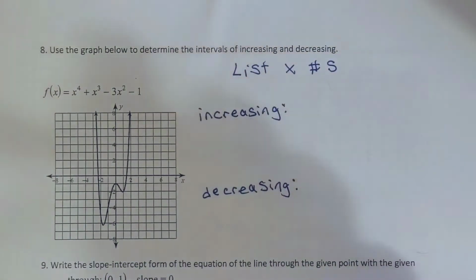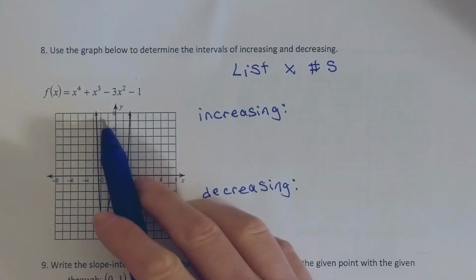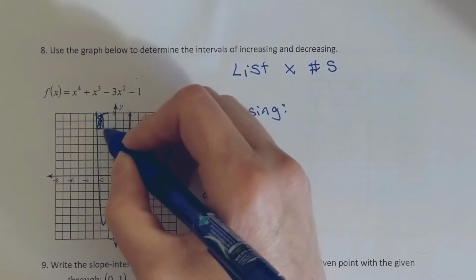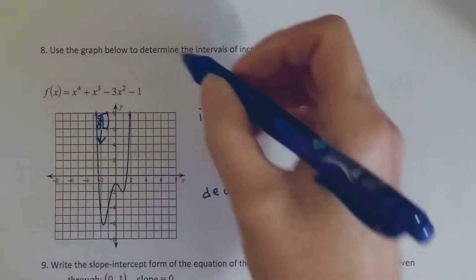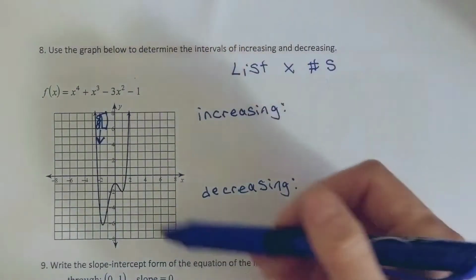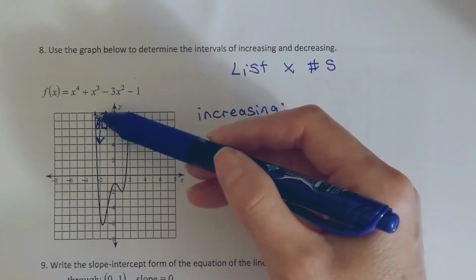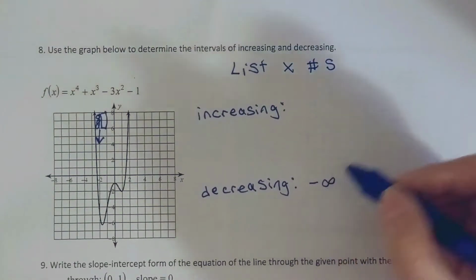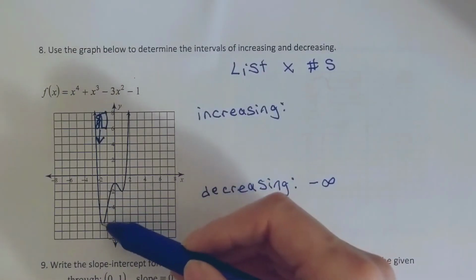Okay, I like to start all the way over here in the corner, and I just picture that there's this little roller coaster and it's riding on a track, and the graph is the track. So it's going to start decreasing. So I'm going to start with negative infinity, and I'm going to continue till I'm right here.